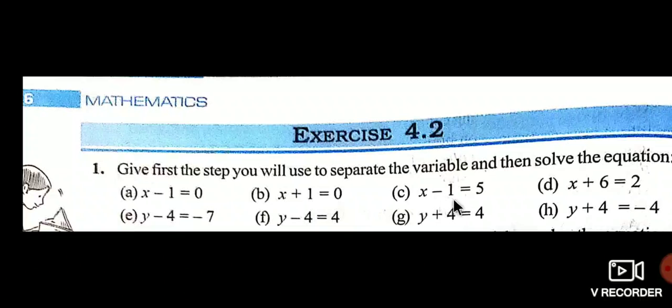Third one, x minus 1 is equal to 0, variable is x. Fourth one, x plus 6 is equal to 0, variable is x. Fifth one, y minus 4 is equal to minus 7, variable is y. Next one, y minus 4 is equal to 4, variable is y, and here also variable y. We have to separate these variables and then solve the equation.